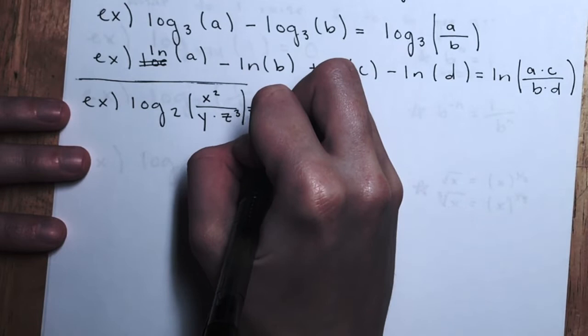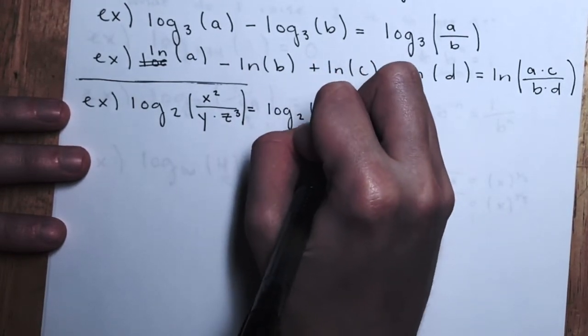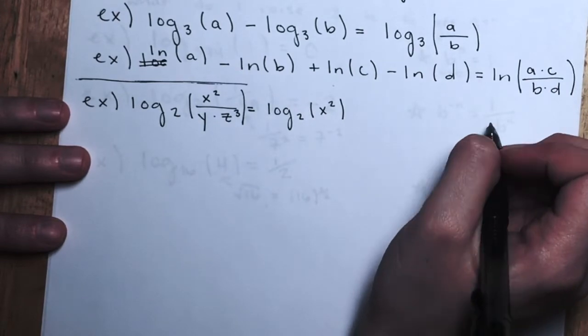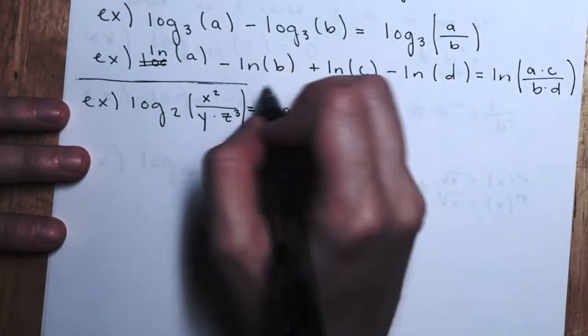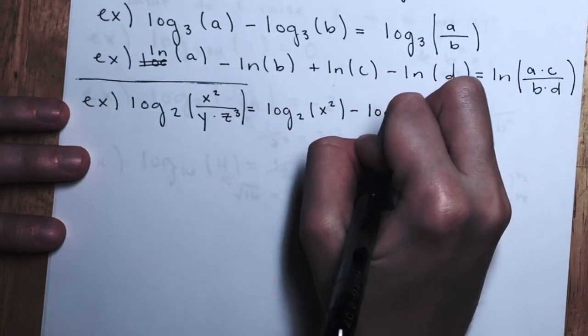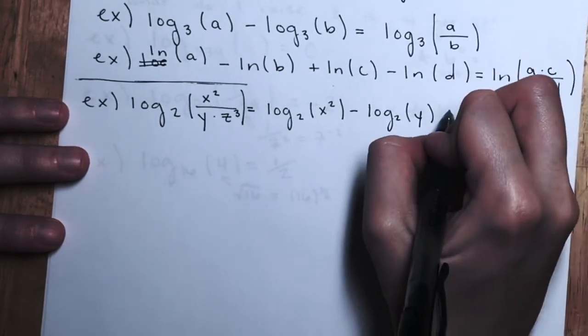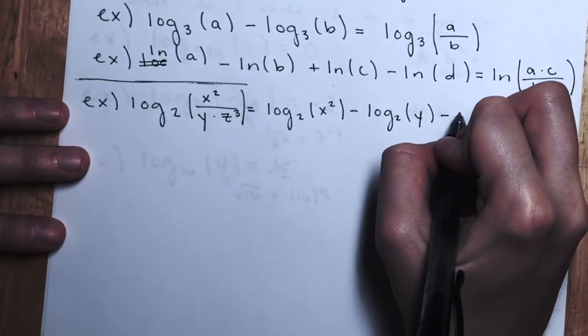So we know that we've got log base 2 of x squared, right? That's the term that's on top. And then underneath, we've got minus y's down under there, y is underneath, and also z cubed is underneath.